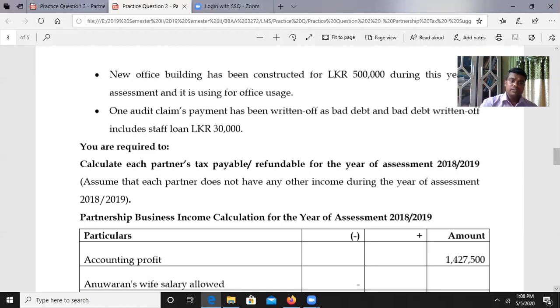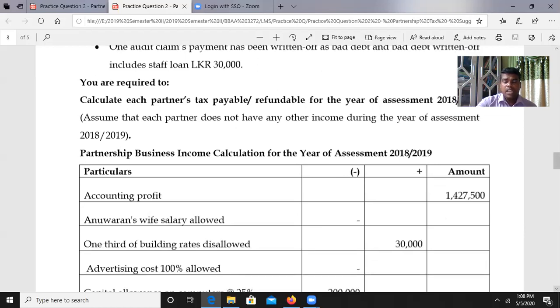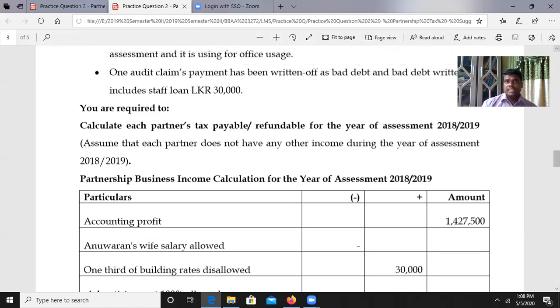So here I want to start with the partnership assessable business income calculation. We already discussed that when we calculated assessable business income for the sole proprietor, we should start the calculation with a specific format. I already included it in the handout also. Here you can see that there are 4 columns.